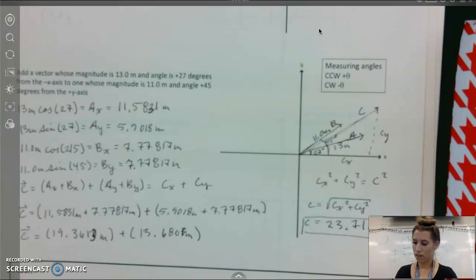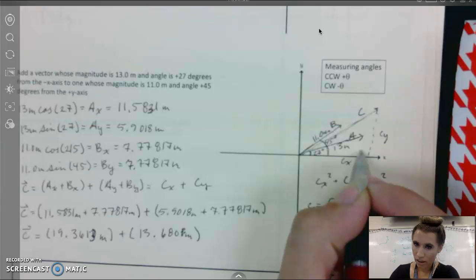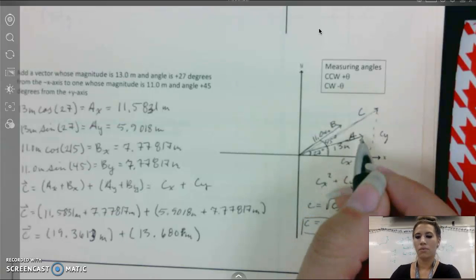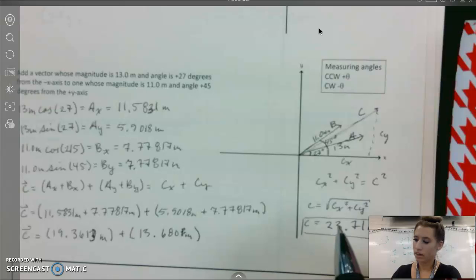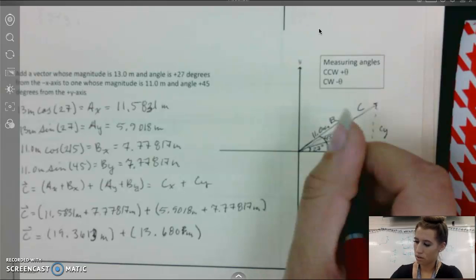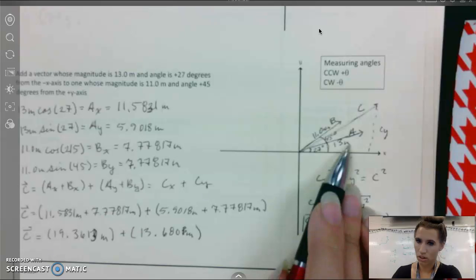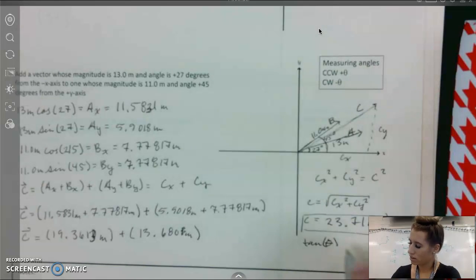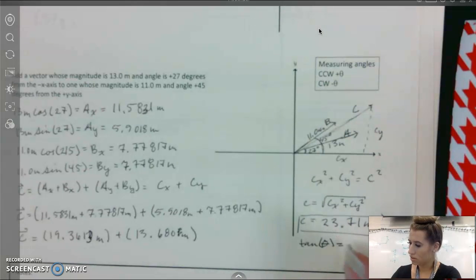Now let's solve for the angle. We want to know what this angle is. These are calculated, so let's start with that. Let's use tangent. So we're going to say tan of theta, and theta is going to be this angle that we're solving for, okay? So tan of theta is going to equal opposite, which would be c sub y, over adjacent, which would be c sub x.